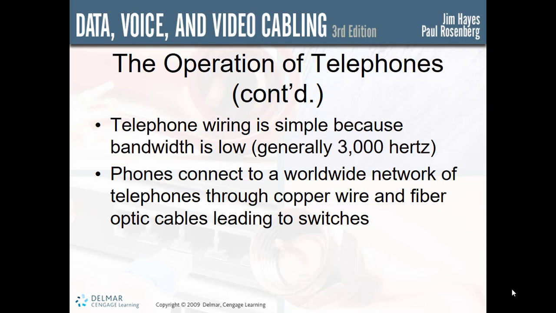Now, outside the home or office, the phone connects into a worldwide network of telephones, all connected together by a combination of copper wire and fiber optic cables, leading to switches that can interconnect any two phones for a voice conversation or data transmission.